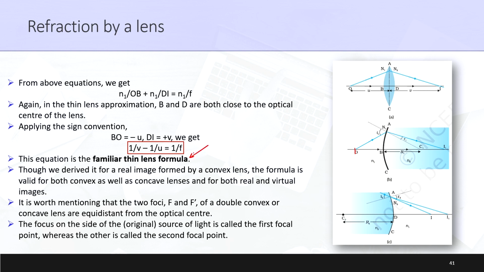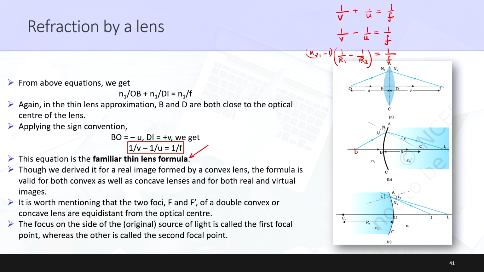So, what was the mirror equation? The mirror equation was 1 by v plus 1 by u is equal to 1 by f. What is your lens formula? 1 by v minus 1 by u is equal to 1 by f. Just remember this, and hence everything is okay. What is your Lens Maker's formula? 1 by f is equal to (n21 minus 1) into (1 by R1 minus 1 by R2).